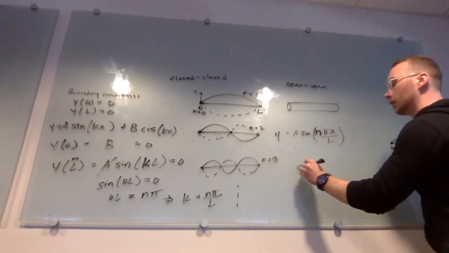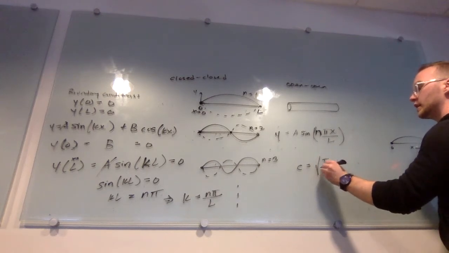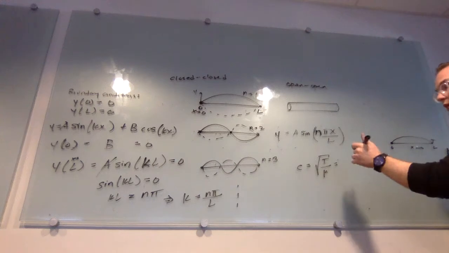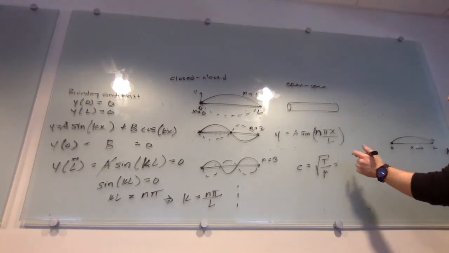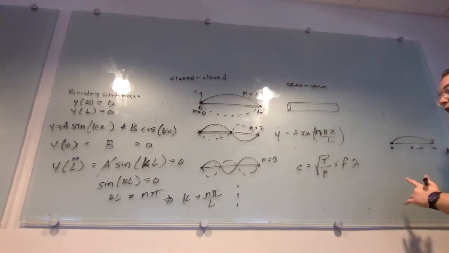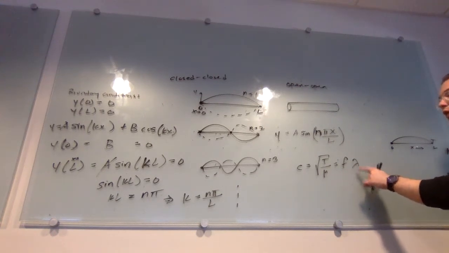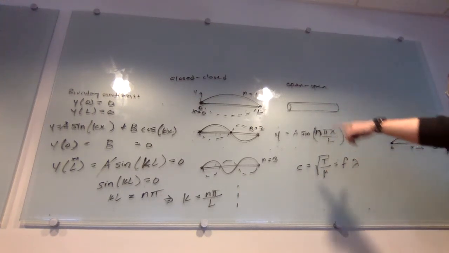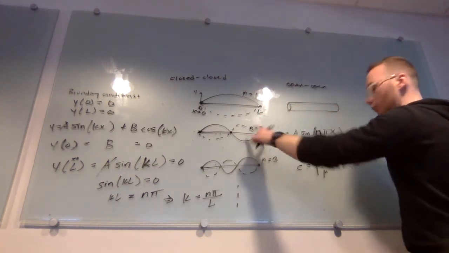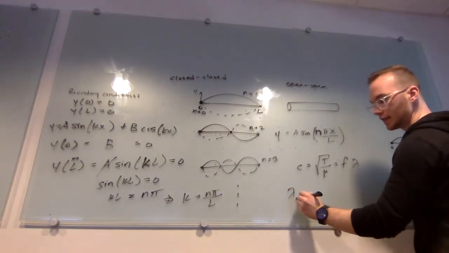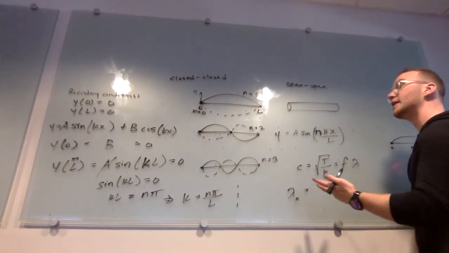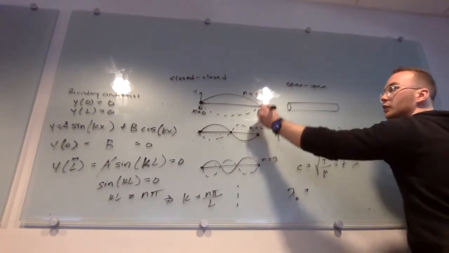Now if we knew that the velocity of the wave, I guess I should use c, is the square root of T over mu. So if we knew fixed T over mu, let's say it was some value, then we would get c equals f lambda. And now the wavelength is what? Well, it depends on which one we have here, right? So the wavelength has an index n because it depends on this, and it's related to L, of course, because that's the fixed value here.